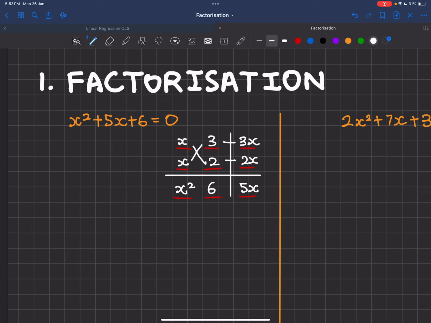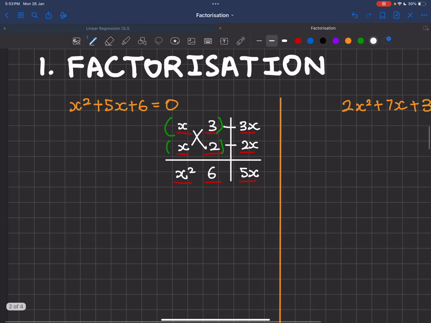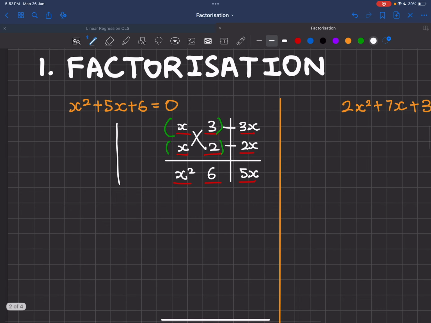So we are done. And how do we equate it here? We need to look at this green bracket. This is how we equate it. And we will write this equation as x plus 3, x plus 2 is equal to 0.